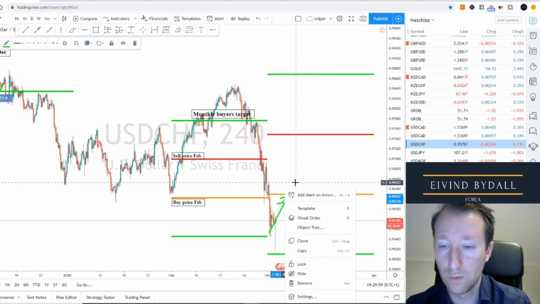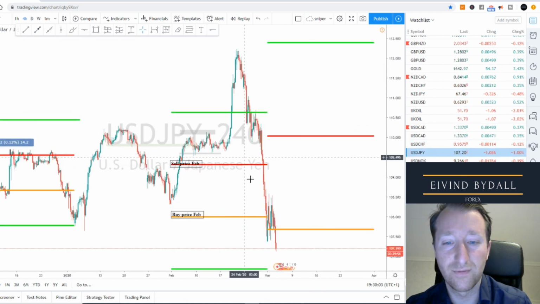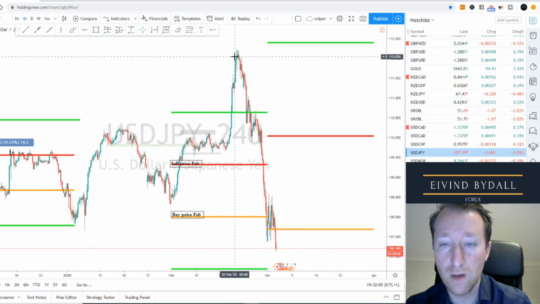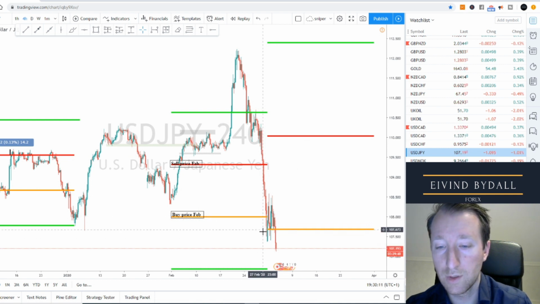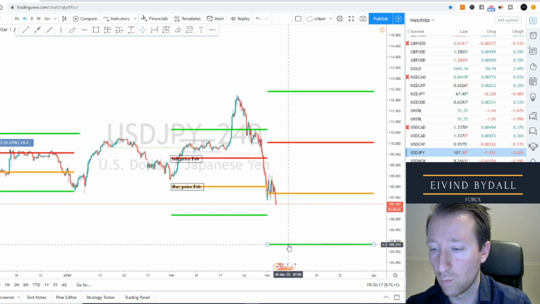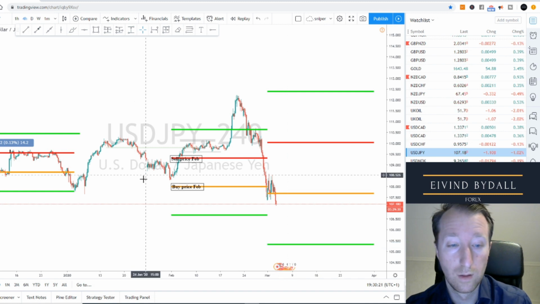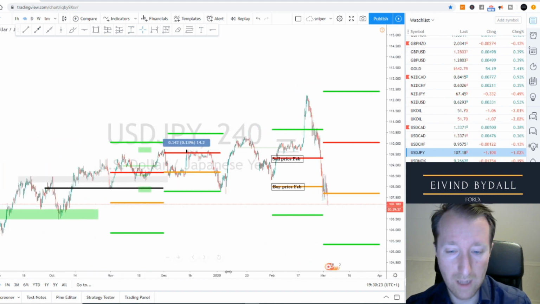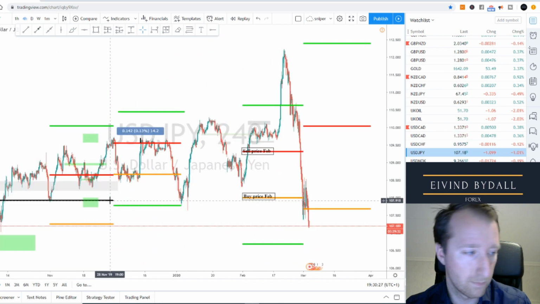Then we have USDJPY. We also have a very strong move up. We have 100% retracement, and even more than that. So currently that was the buy price, and we haven't really gone to the sell price for this month, and we're just heading toward 105.30. We have broken out of resistance, if I'm not wrong.